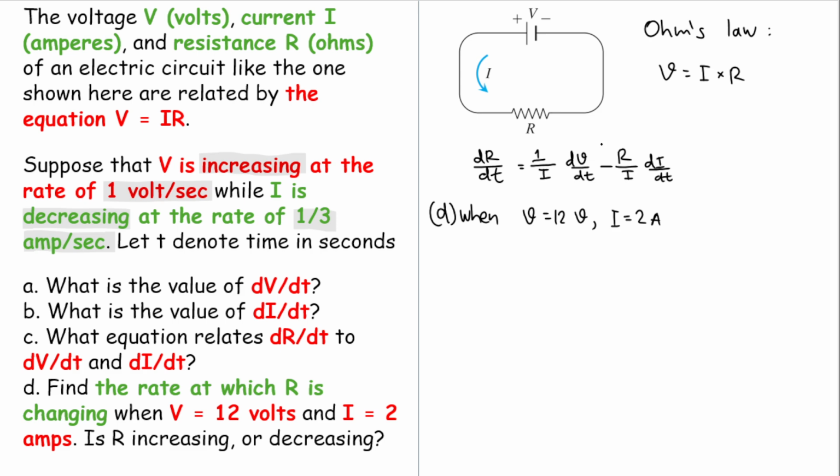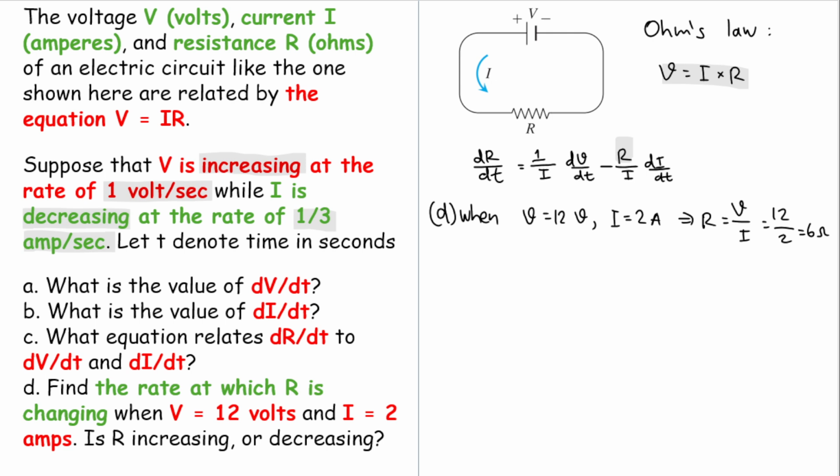But we have this term R, which is unknown. We can calculate it using Ohm's law, R is equal to V divided by I. V is 12 and I is 2, so we have 6 ohms here.